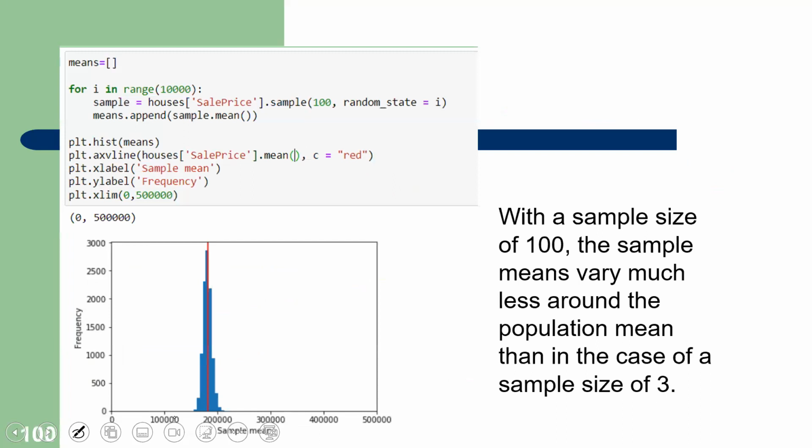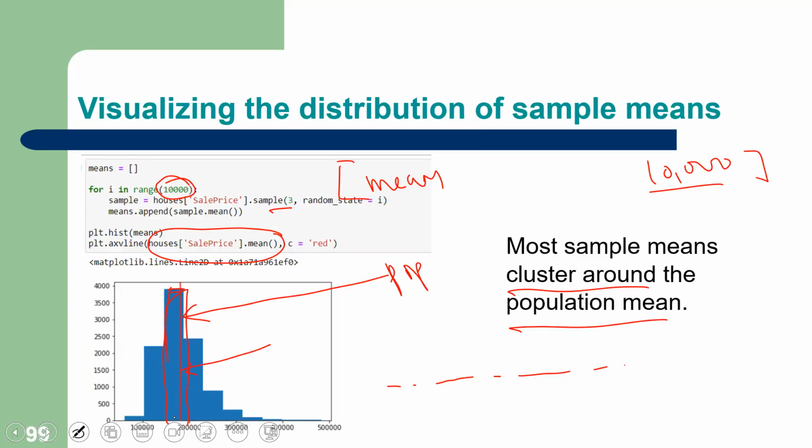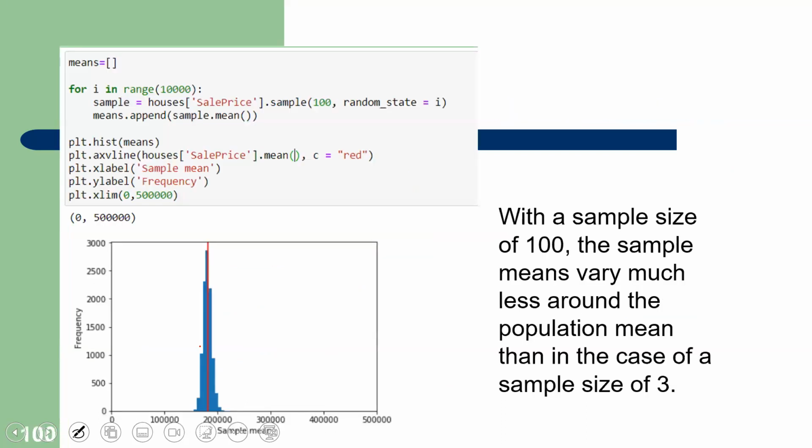Then with a sample size of 100, the sample means vary much less around the population mean than in the case of sample size 3. Earlier we were working on only a sample size of 3, so there were still a lot of variations. But when we increase the sample size from 3 to 100, our histogram shrinks, as you can see in this plot.